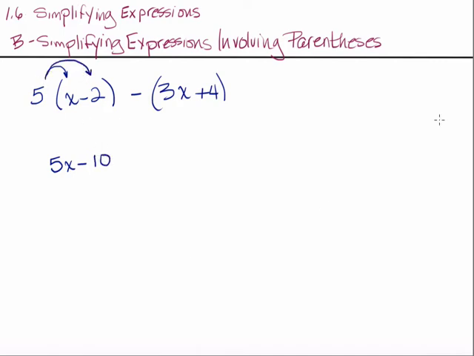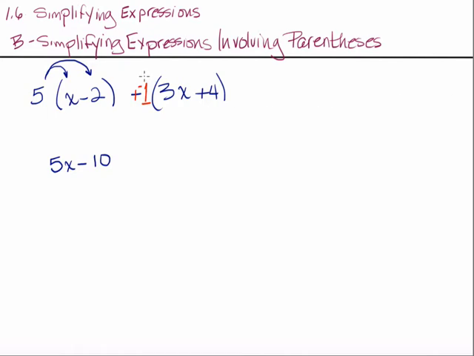Now, on this one here, I'm going to be distributing this negative, and as in a previous video, I can think of this as negative 1 times (3x plus 4), because 1 times anything is itself. So here, instead of thinking of this as negative (3x plus 4), I can think of it as plus negative 1 times 3x and negative 1 times 4.